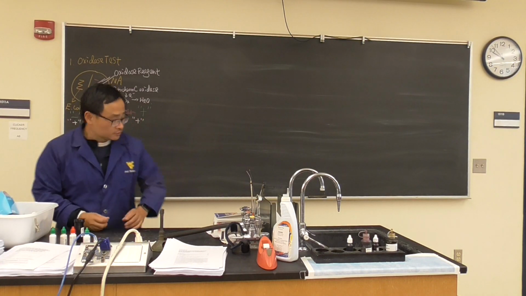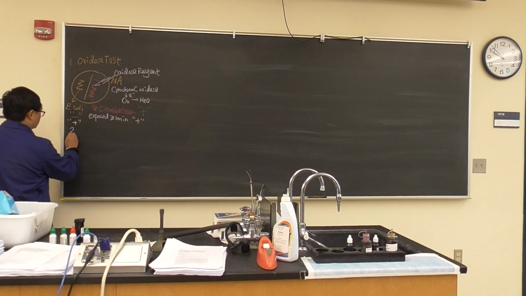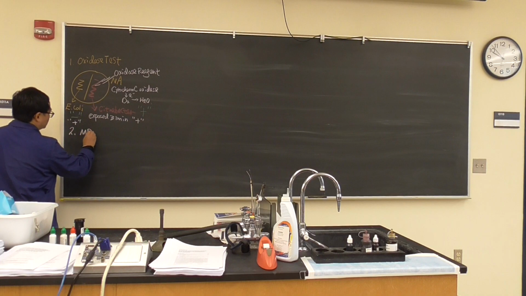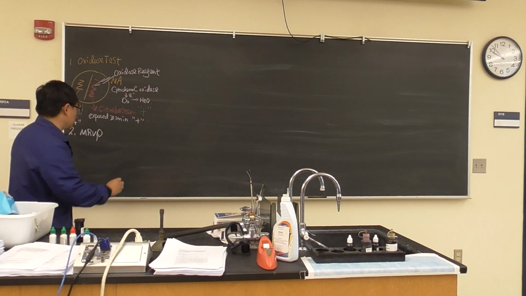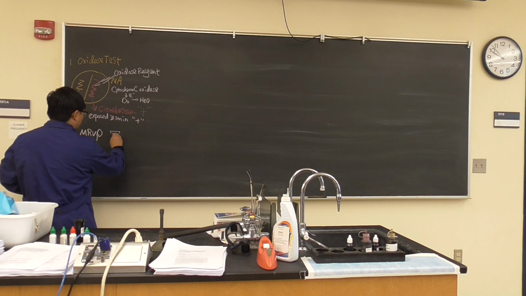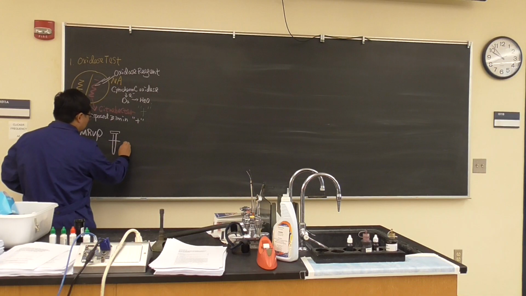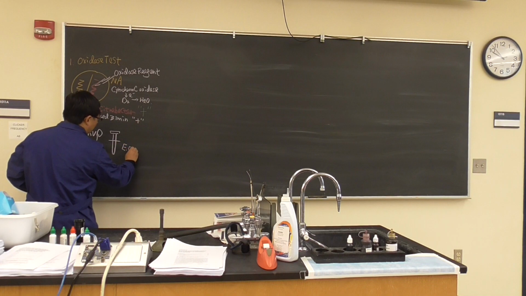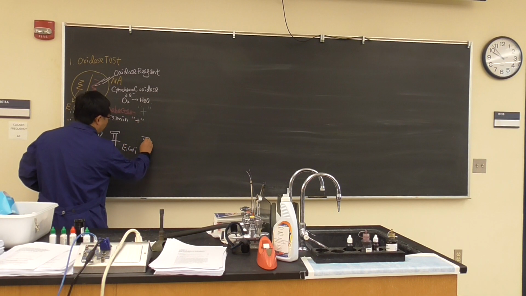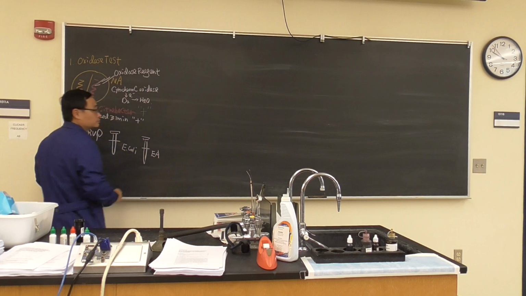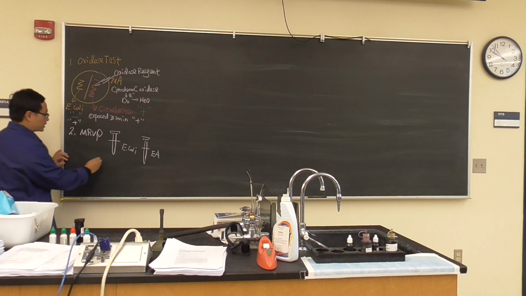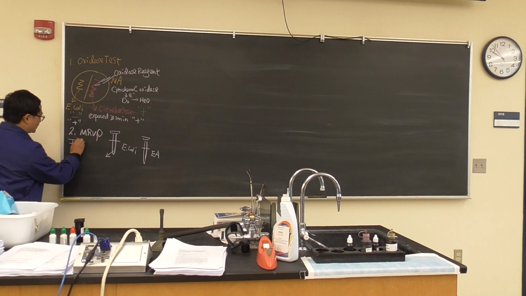Okay. Second test, MRVP confirmation. Just to make your life easy, we have one slant of E. coli, and another one is Enterobacter. Let's do methyl red. Because MRVP, remember, IMViC test.